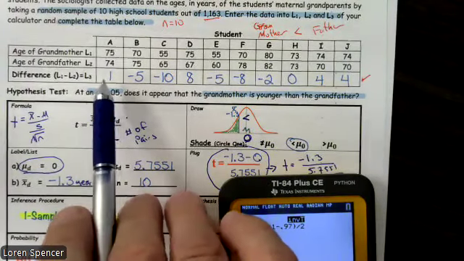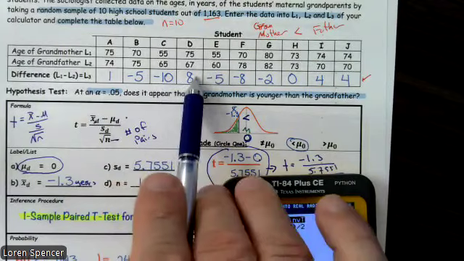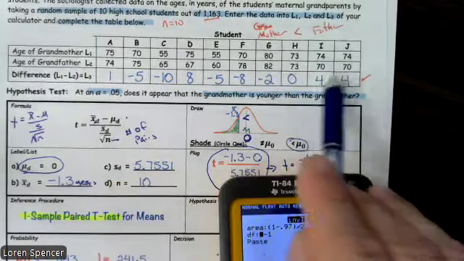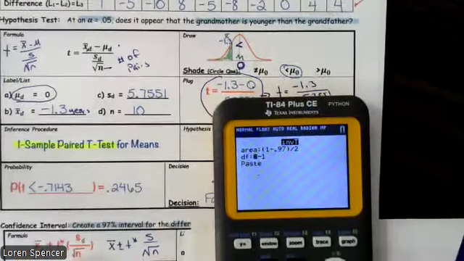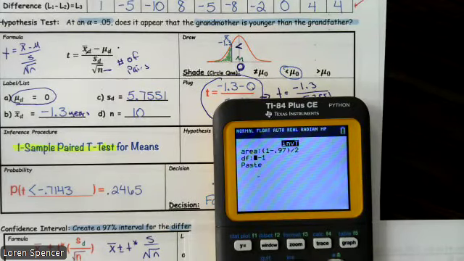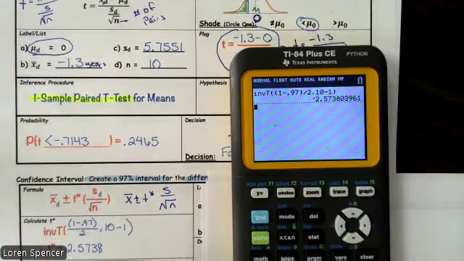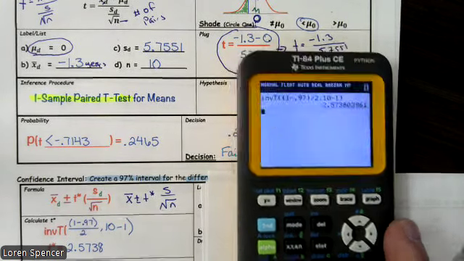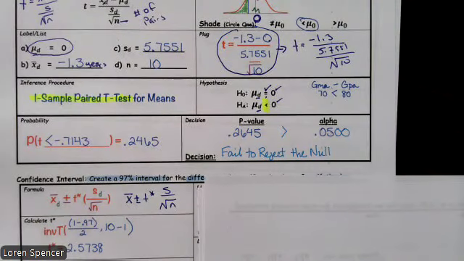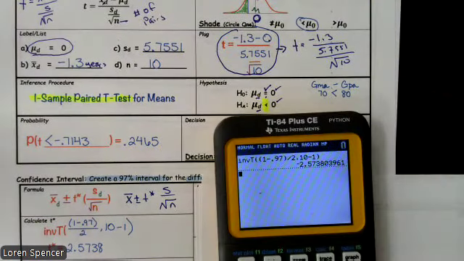We're only looking at the number of differences, and we have 1, 2, 3, 4, 5, 6, 7, 8, 9, 10 differences. So our degrees of freedom are going to be 10 minus 1, or 9. When we do that, we get a T star of 2.5738.